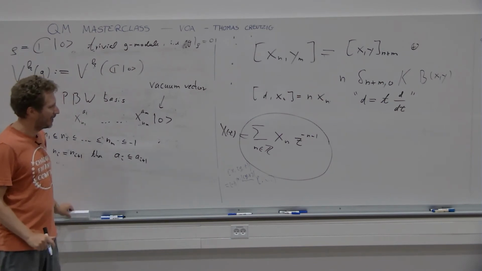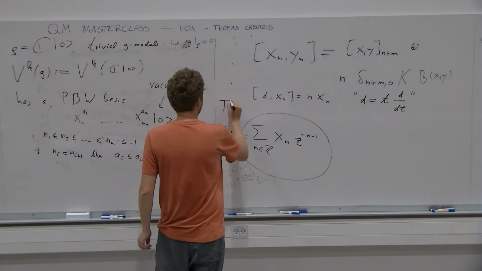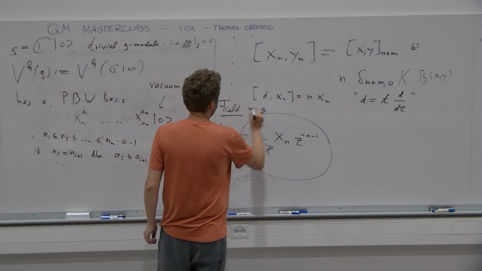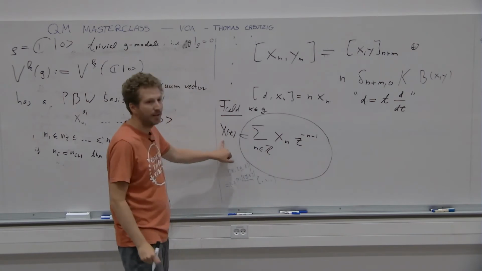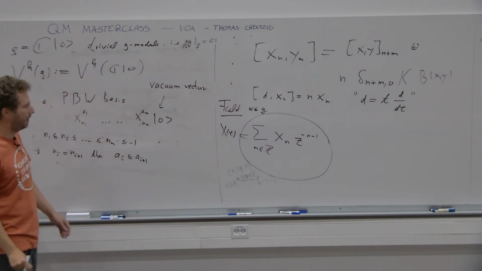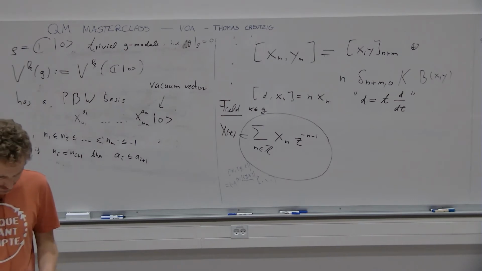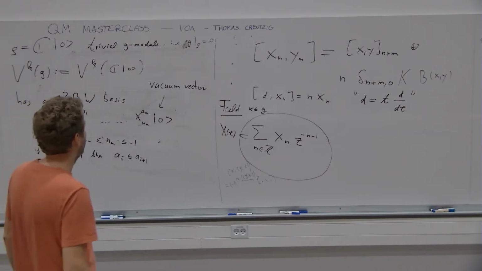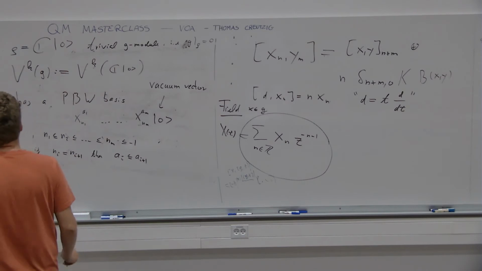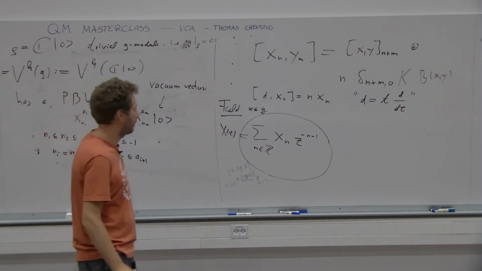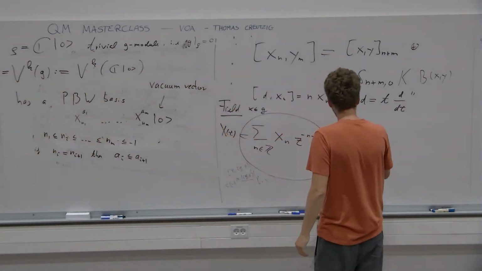Okay, now I define this one, and I call this a field. So this means to an element x in my Lie algebra, I define a capital X, and I call this a field. And now let's study what kind of properties this has. Also, let me write just V for this module of the affine Lie algebra. So what is it?